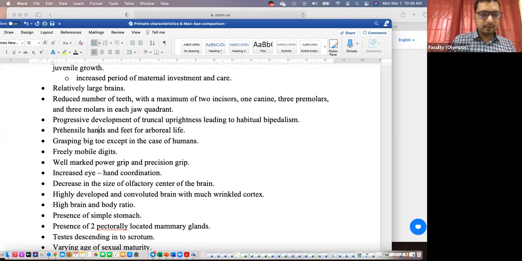Other things I already talked about: you can mention the prehensile hands for arboreal life. For living in trees, prehensile hands have been developed in some of them, the New World monkeys especially.